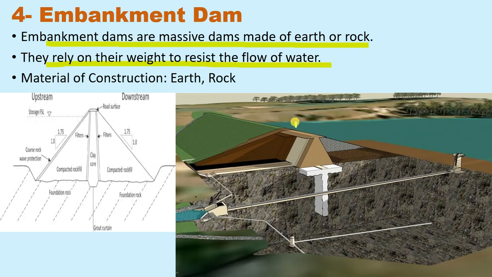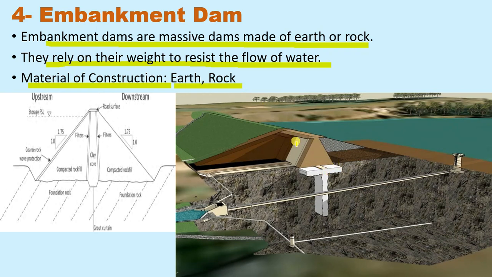It means that water will not go out of the river bank, and this will help to reduce the chances of flood. Material of construction is generally earth and rocks, meaning rock materials and soil, which is generally used in these embankment dams.